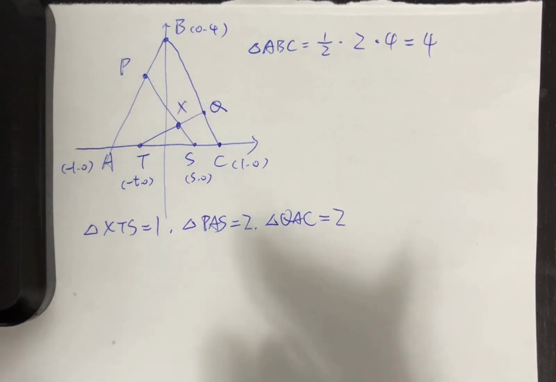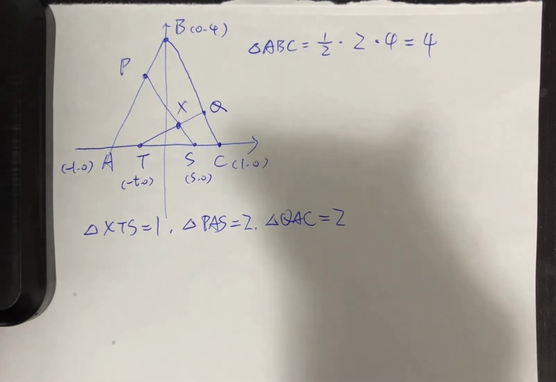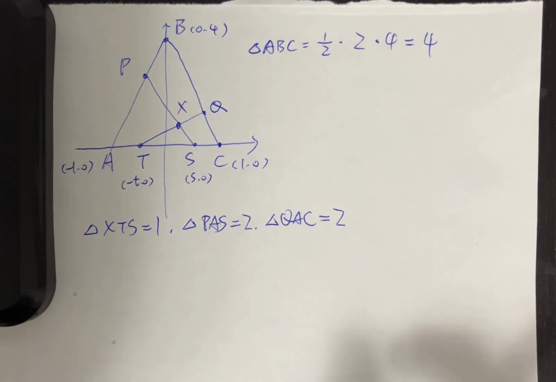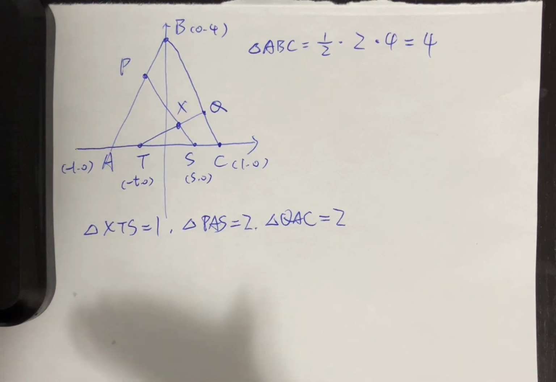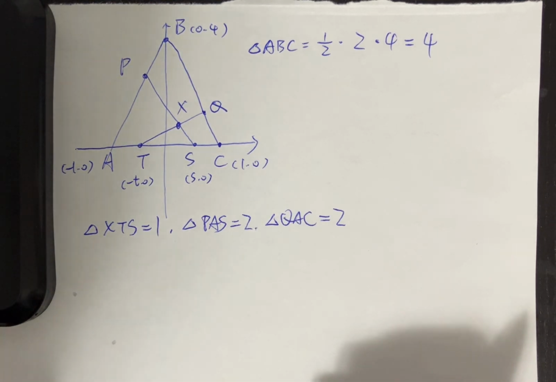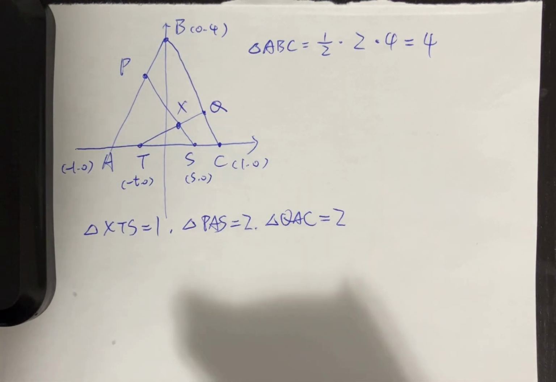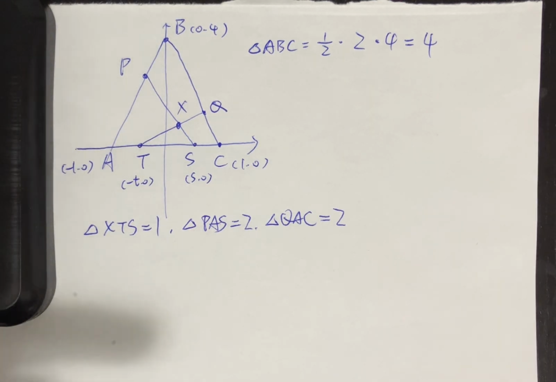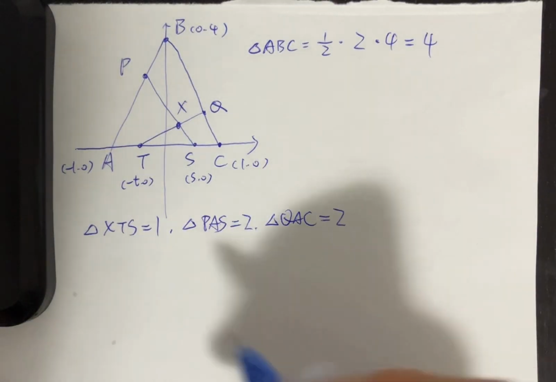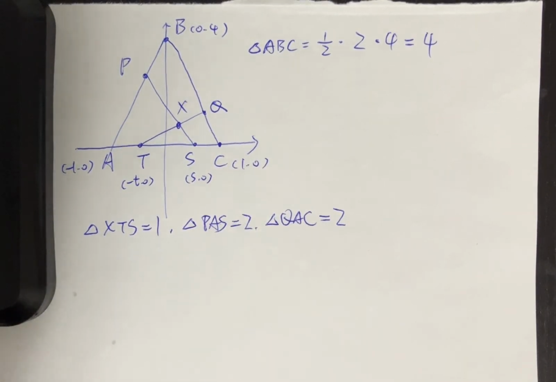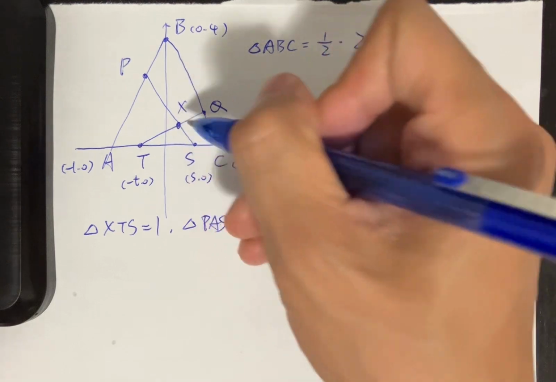Now all we have to do is take good care of the three equations here. They all have to do with triangles, and they have a base and a height, and that's where we can derive the relationship. Let's check the first triangle, XTS, the bottom one.